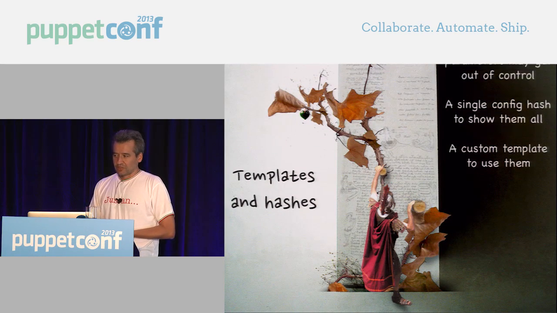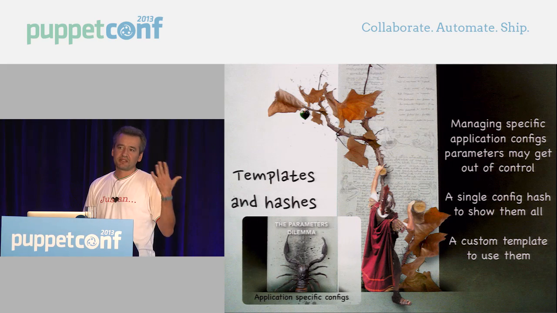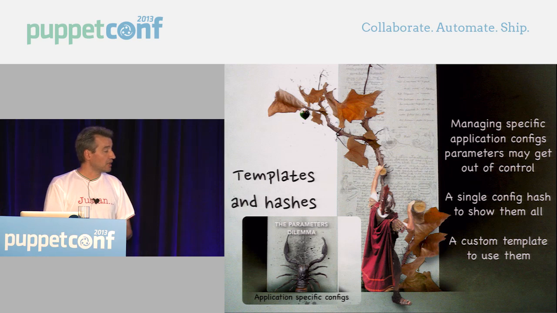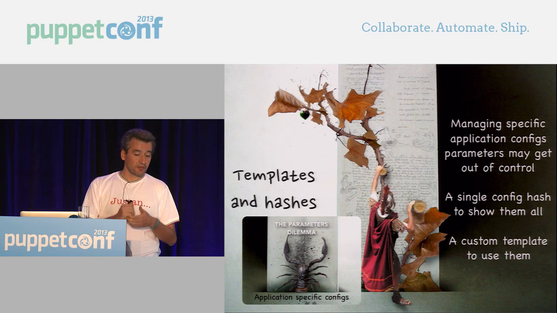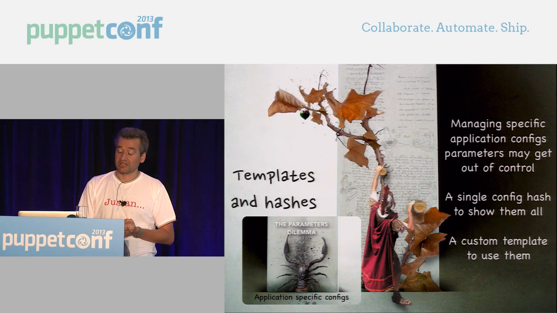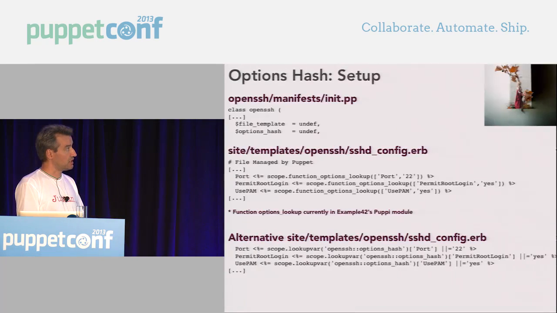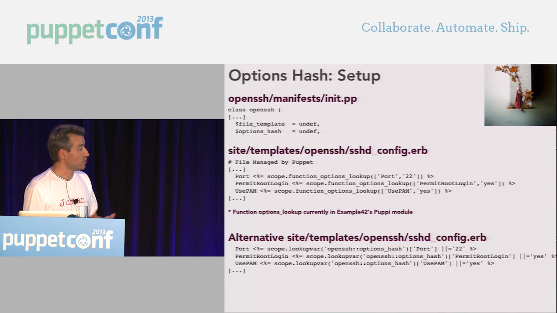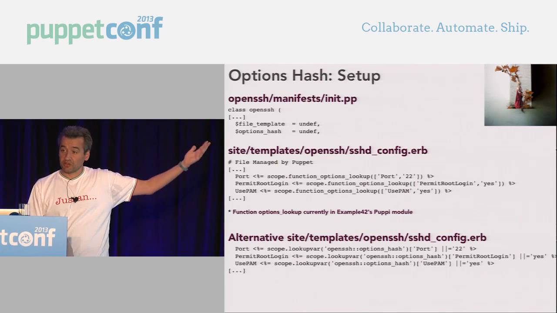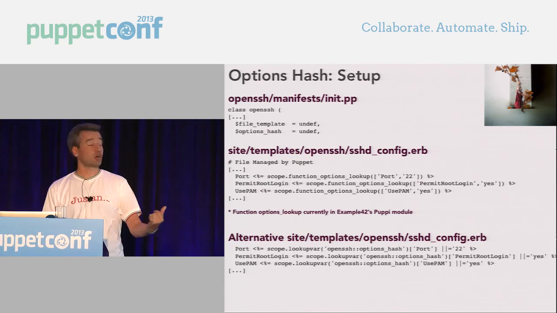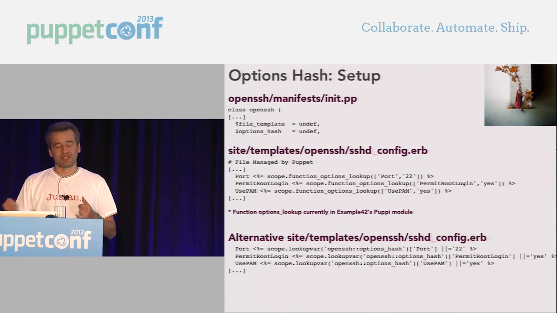We have talked about the parameters that are somehow related to the specific configuration options of an application and how these could be managed using templates and option hashes. So let's see what the example is. You may have a parameter which defines the template to use, and also a parameter which allows users to provide an options hash.